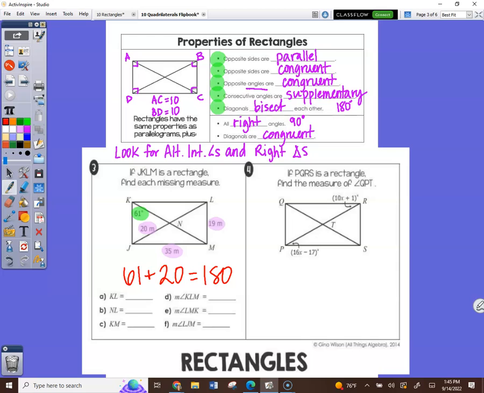Which means, can they be in the same equation? No. I'm going to say it again. Can they be in the same equation? No. So if you will compartmentalize your information in the picture, then you don't accidentally mix oil and water or apples and oranges together.